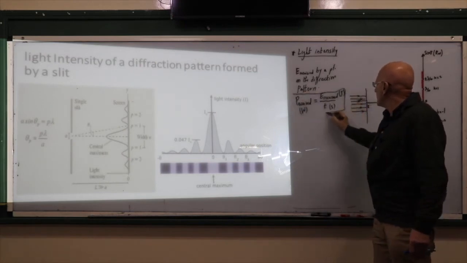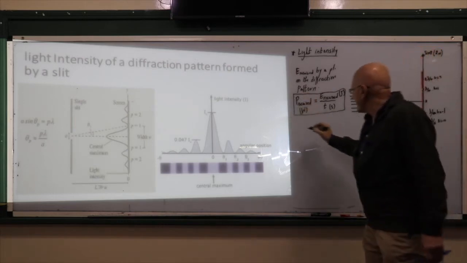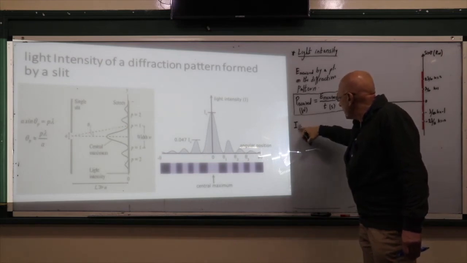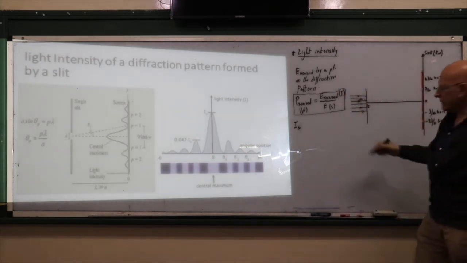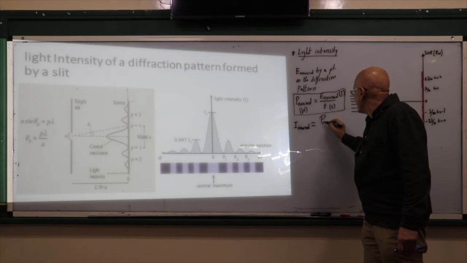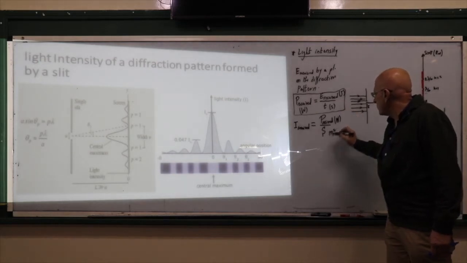Okay? Now, what is the intensity of light? The intensity of light, by definition, or the intensity received at a specific point, is equal to the power received per unit area. This is in watt, you get this in meter square.